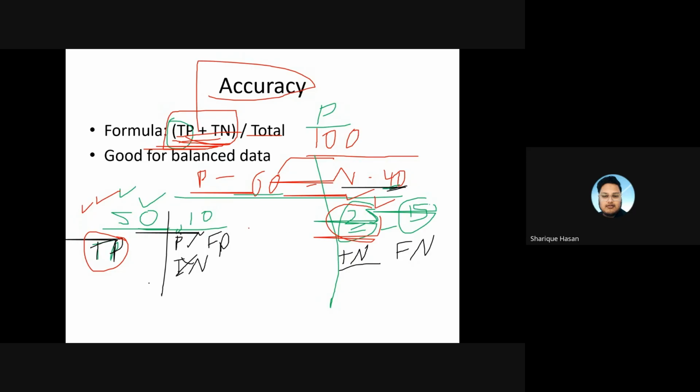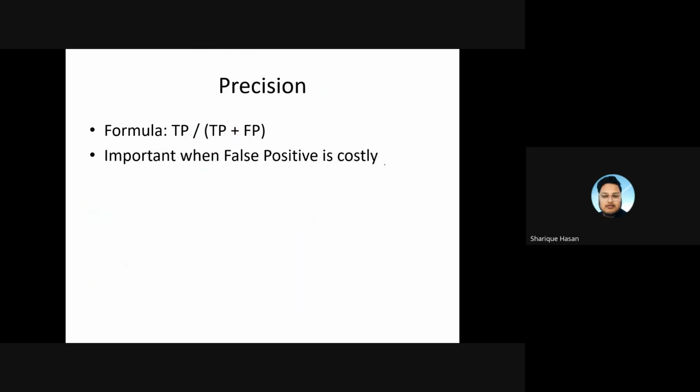So 50 plus 25 is 75, divided by the total of 100. It will be equal to 3 by 4, or 0.75.